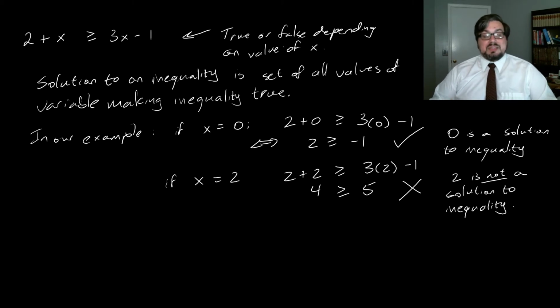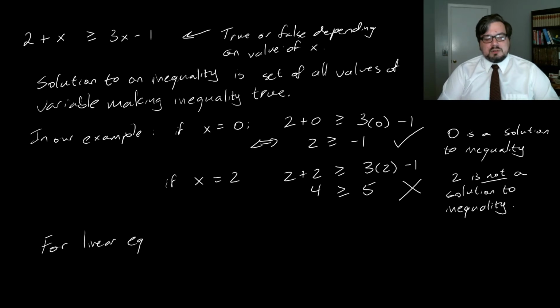And when we're dealing with a linear inequality like this, an inequality that involves only linear expressions on the two sides of it, we can solve for the variable. So, for linear equations, we solve by isolating the variable.